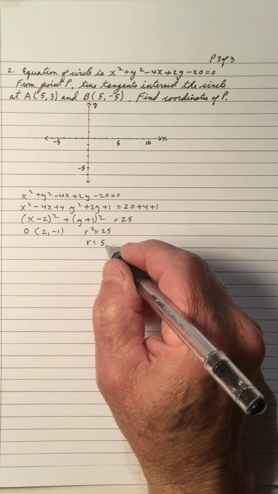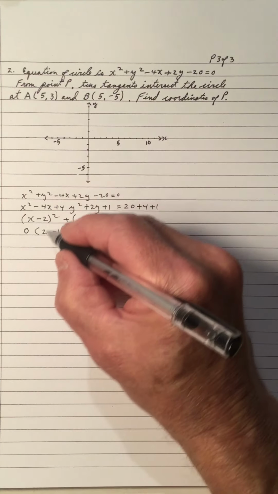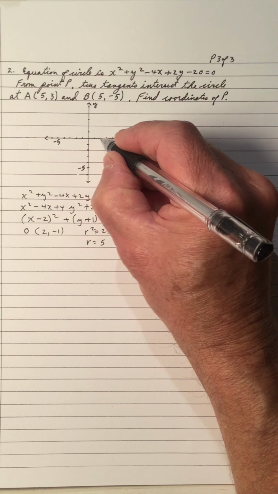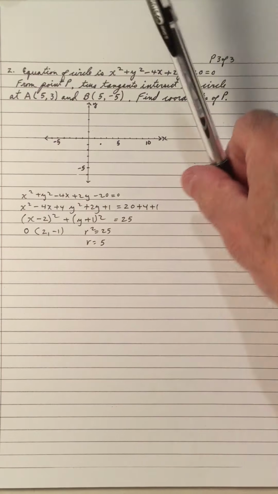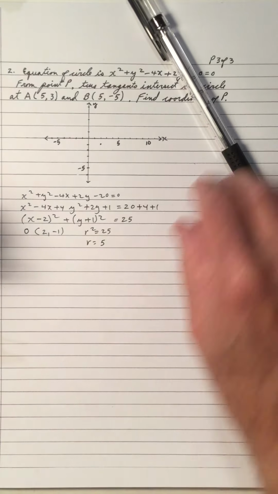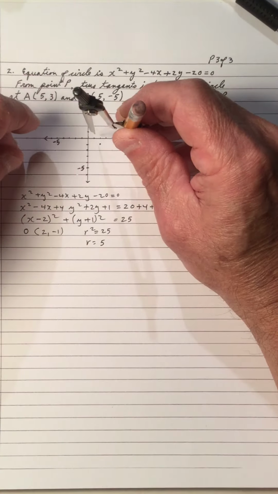There's a plus minus there, but we'll just take the 5. So what we have is a circle which has a center of 2, negative 1, and a radius of 5. Just to illustrate it, I'm going to draw this circle with a radius of 5.